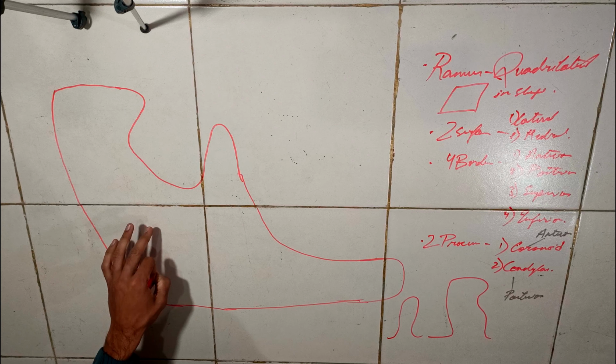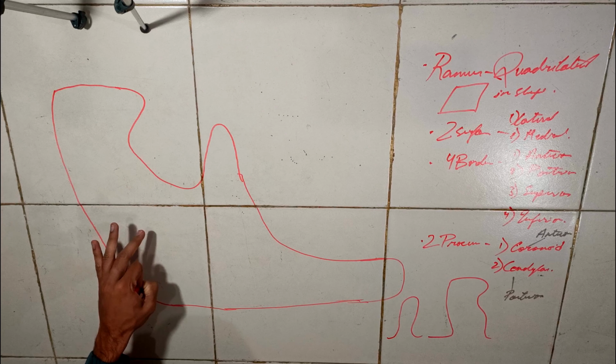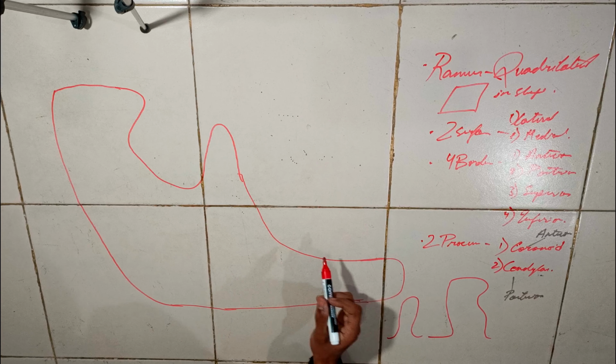This is the lateral view of the right side of the mandible. This portion is called the ramus, quadrilateral part, and this portion is called the body. Okay.